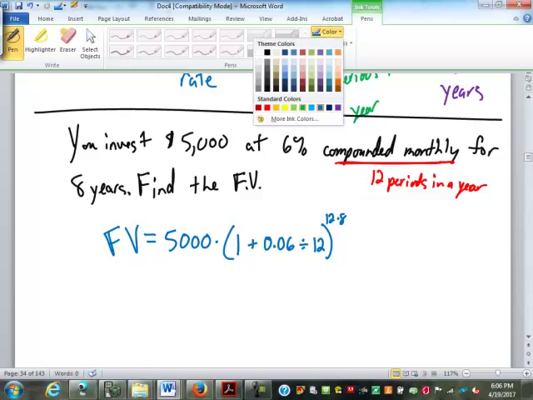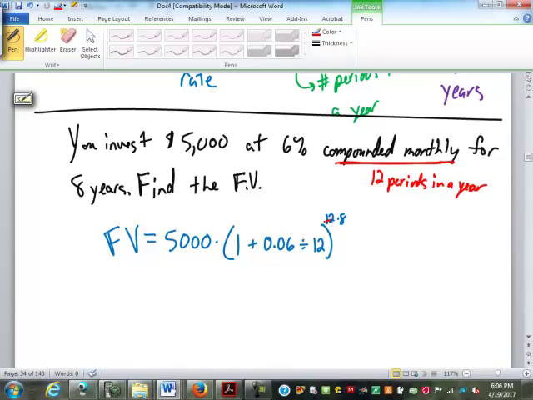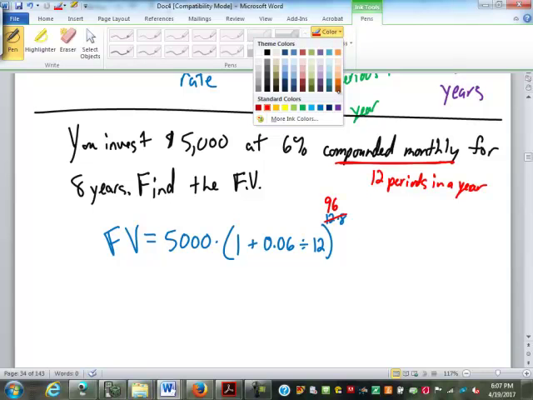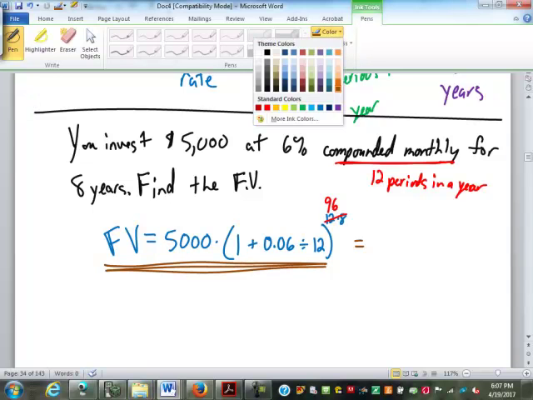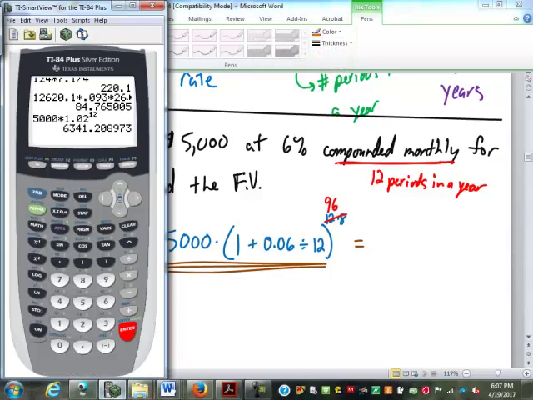Now, most of the time, I'll just look at this and say 12 times 8 is 96, just because it's way easier to enter in the calculator like that. Before I calculate this, anybody have any questions as to where the numbers in this formula came from? So let's punch her in.